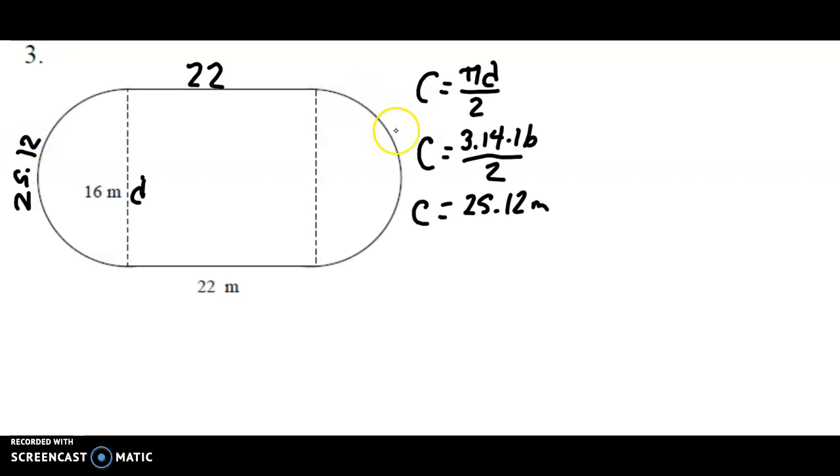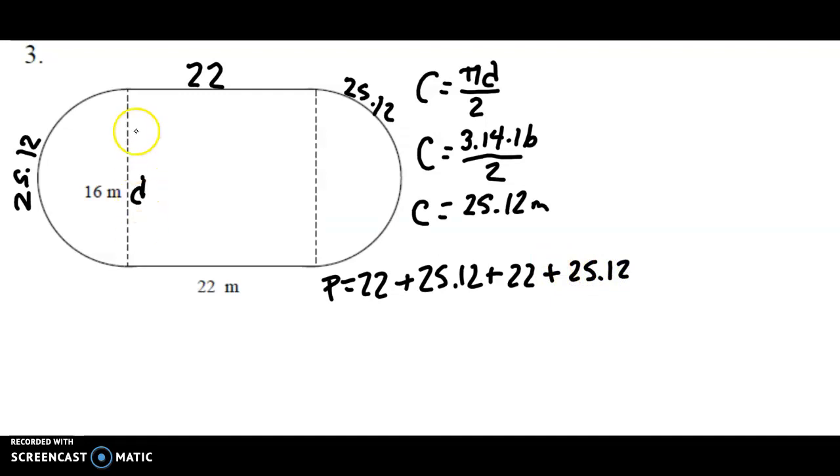We have a second curved edge, but this curved edge is exactly the same as this one, so you don't have to redo the math. Just going to write it over here. This side is 25.12 also. And now we can do our perimeter. Perimeter equals 22 plus 25.12 plus 22 plus 25.12.